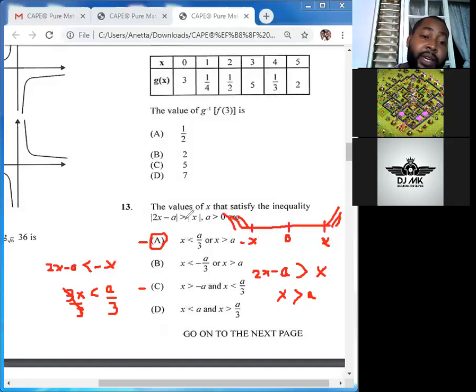So if we're talking about the absolute distance being more than x, we just need to set up where x would be, and that means they're either in this space or in that space. On the left hand side, like you said, is being less than negative x. So I take this entire statement 2x minus a and write that it is less than negative x.